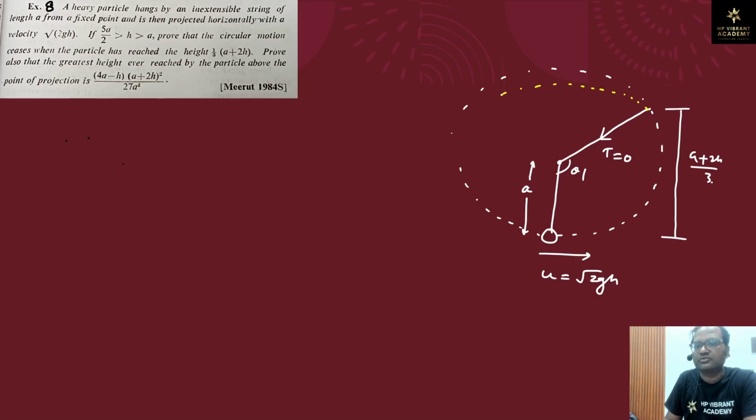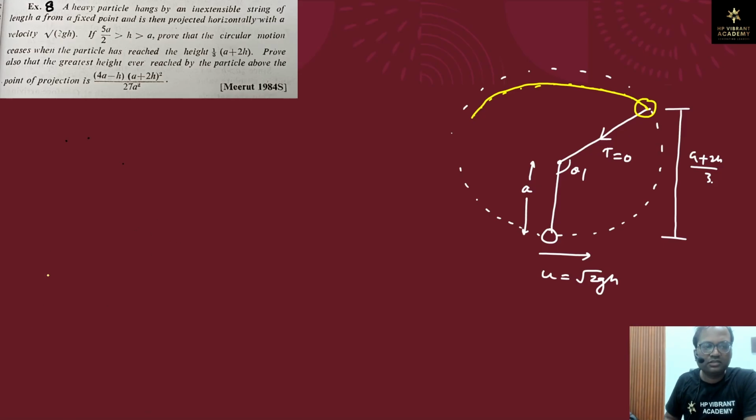That is a projectile motion. The projectile motion starts from the point where the string becomes slack, that is, tension becomes 0. At this particular point, it will leave the circular path. That is, the circular motion ceases to exist. So let us find this.